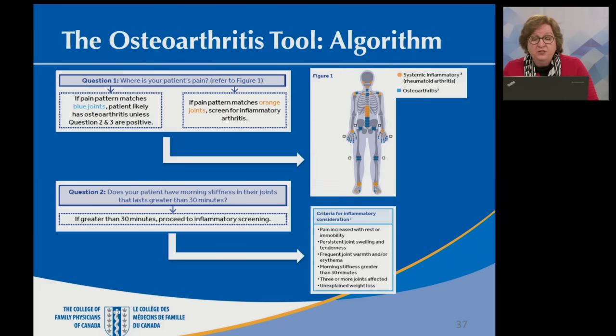And those questions are in many other tools. We have put them here in this tool for a trigger for you. Pain increased with rest or immobility, persistent joint swelling and tenderness, joint warmth or erythema, and of course, unexplained weight loss and more systemic problems.